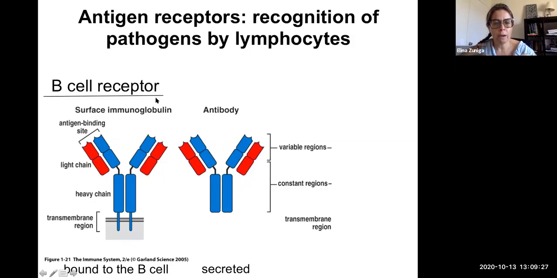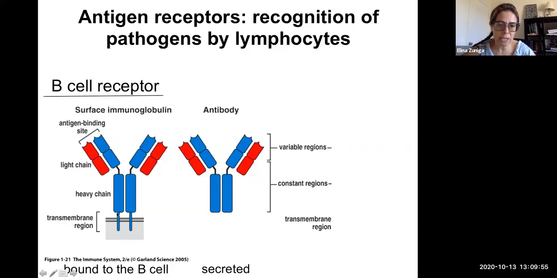So the B cell receptor, as well as the T cell receptor, belongs to the immunoglobulin family of proteins because they have globular domains. And always the B cell receptor will have a heavy chain, here depicted in blue, and a light chain, okay?